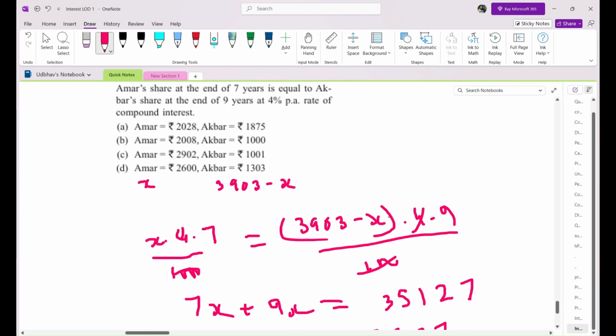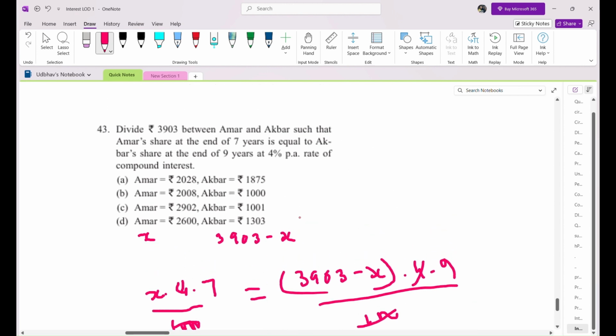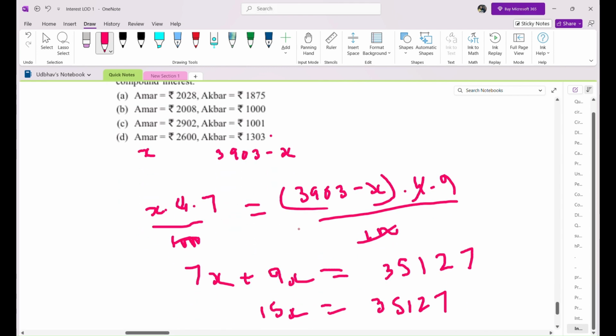Okay, so wait, oh, this is compound interest.